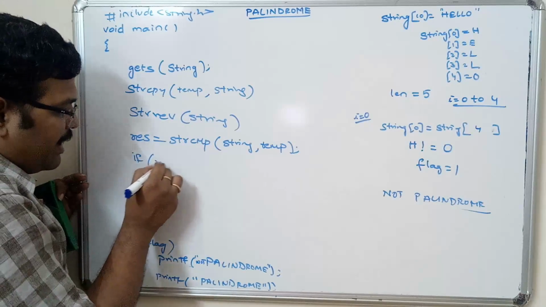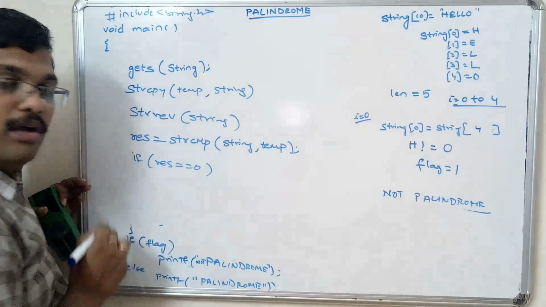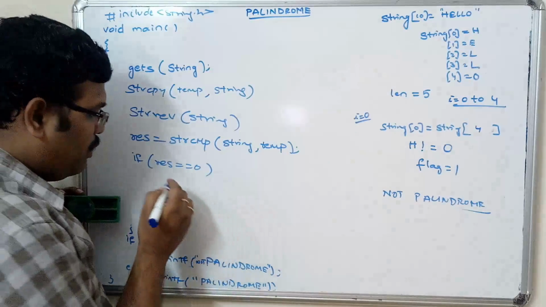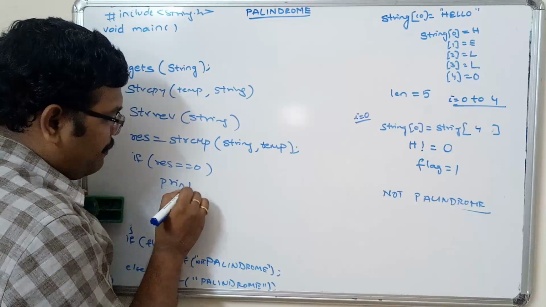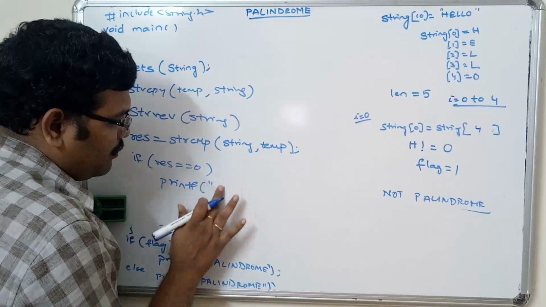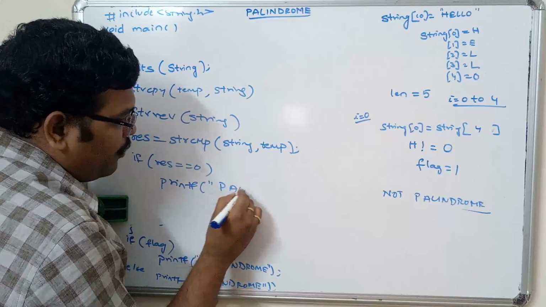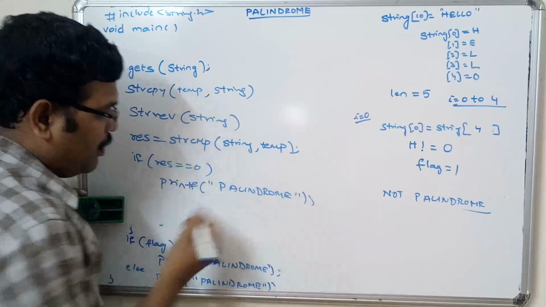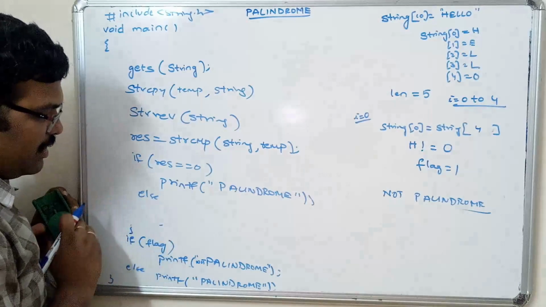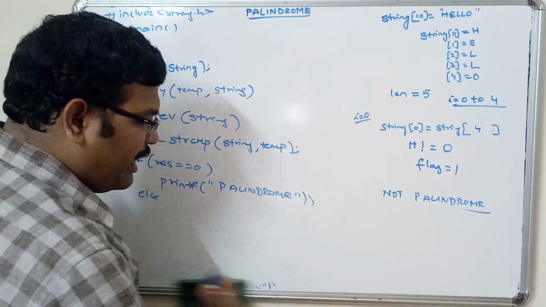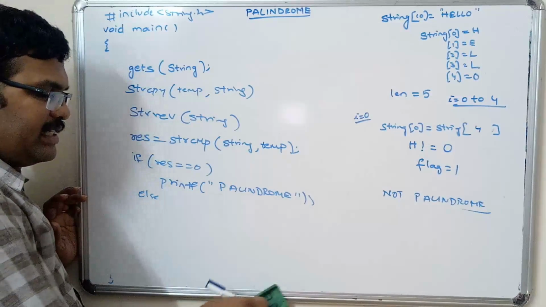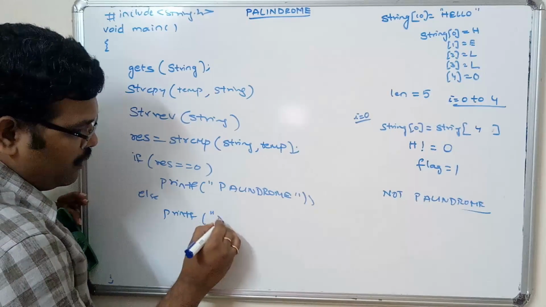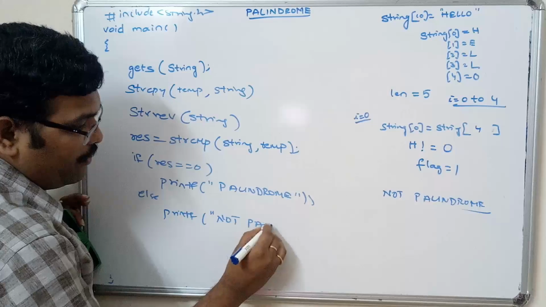So if result is equal to 0, that implies the contents of both the strings are equal. So we can write printf palindrome. Else, if the result is either positive or negative, it says that it is not a palindrome. So printf not palindrome.